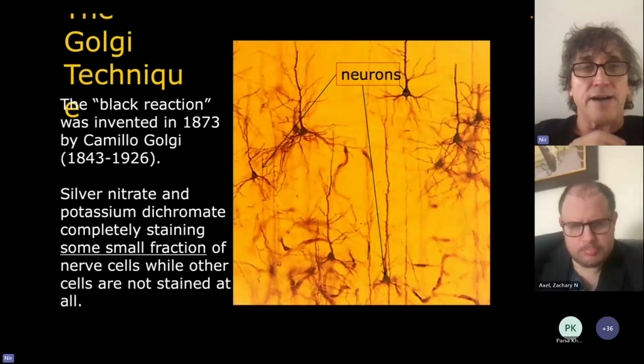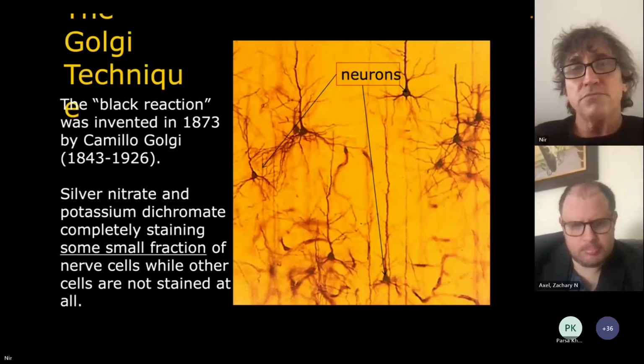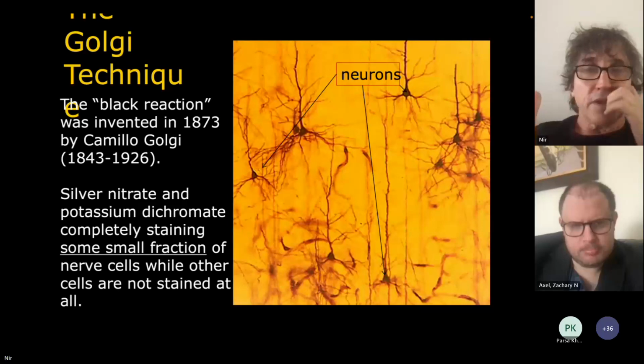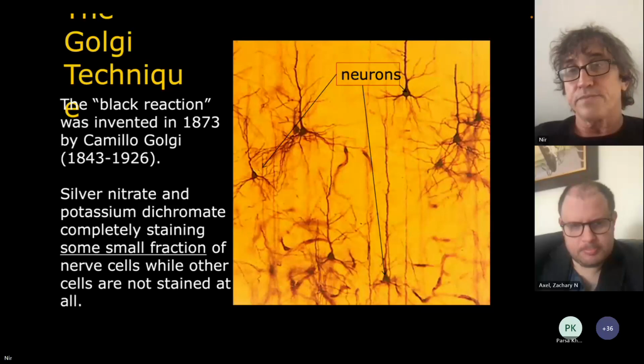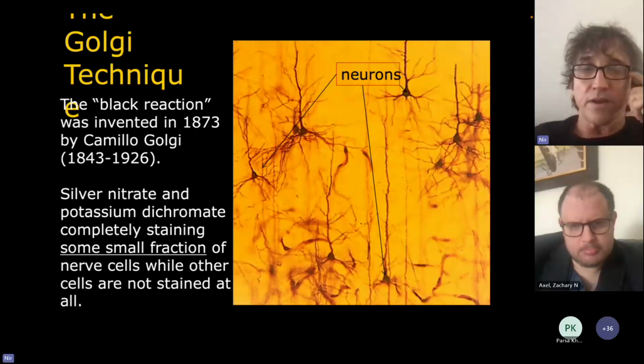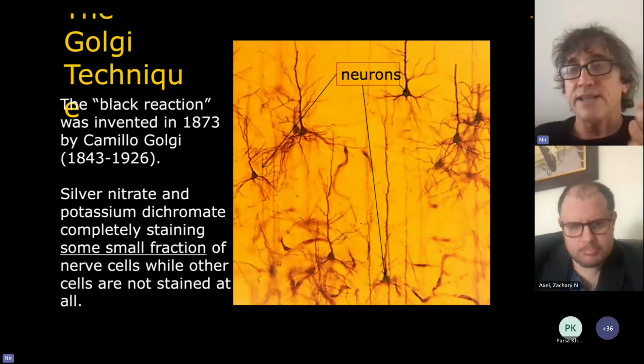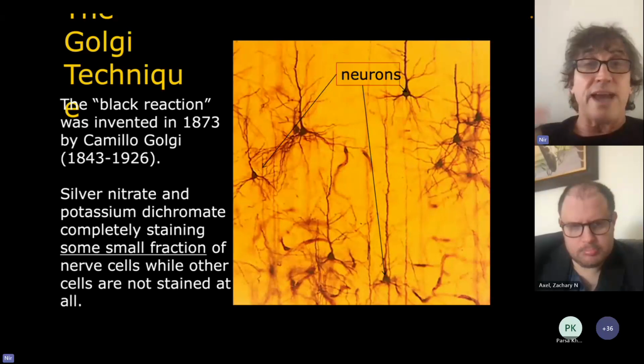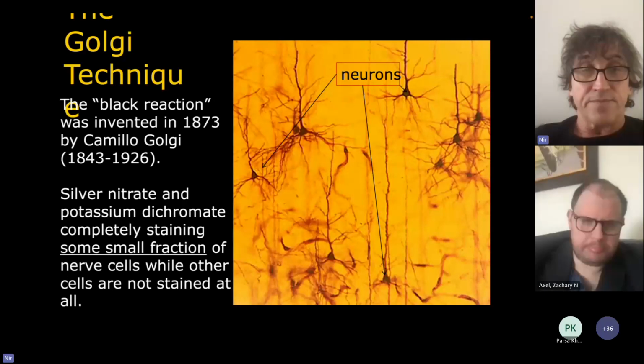Great. Now, mapping neurons, like I said in connectomics, was done with light microscopes long before we had electron microscopes. In fact, it was done in the 19th century and the beginning of the 20th century.